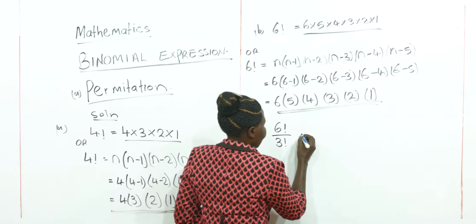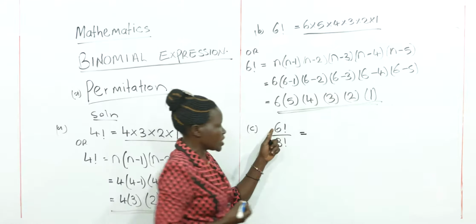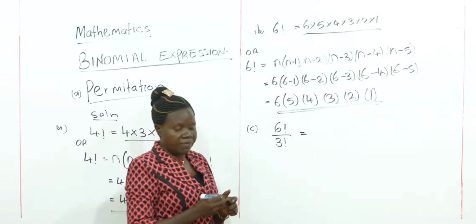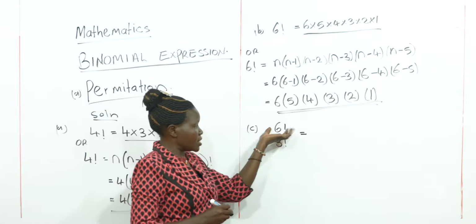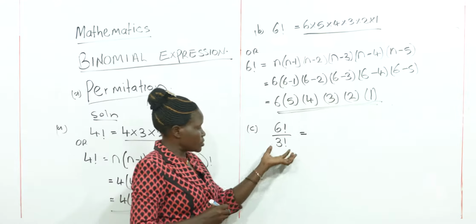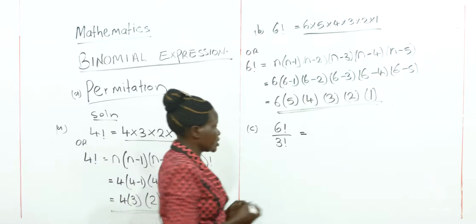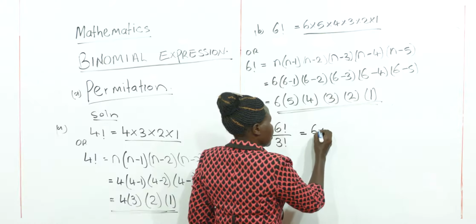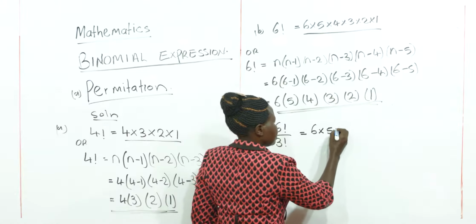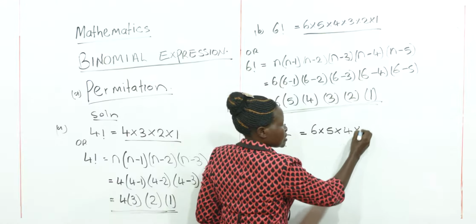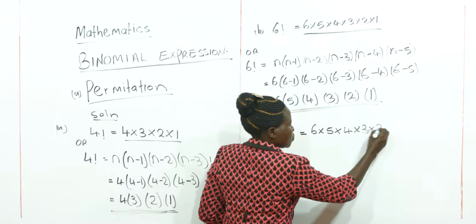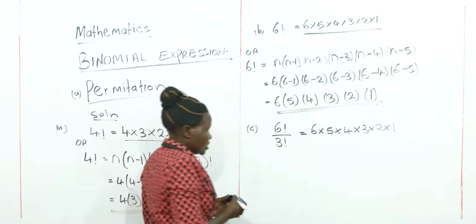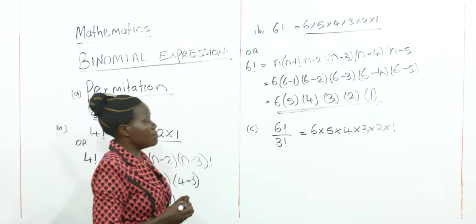So we are going to arrange first the numerator, because 6 factorial is not 3 factorial. This person can arrange his 6 elements, and he can also arrange his 3 elements separately. So we shall have here 6 by 5, and then by 4, and then by 3, and then by 2, and then by 1. These are 6 steps that that person has moved.